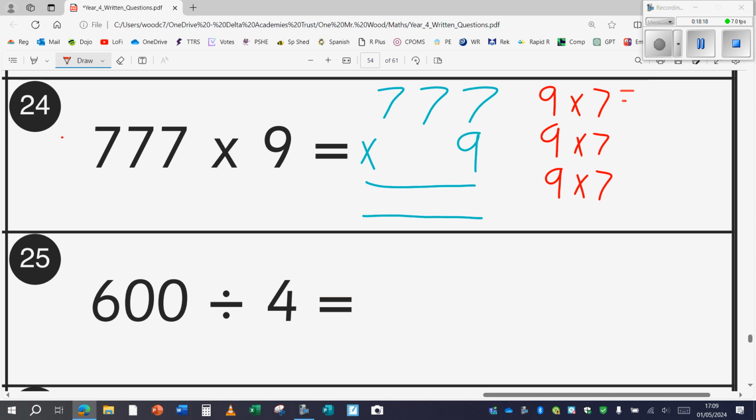Ask them to show you the finger trick. They'll be able to show you how to work out any 9 times table like that one. Or they could do 9 times 5 and 9 times 2 to add it together, which will give them 56 for our answer. So all of these are, oh no, 63 there, sorry.